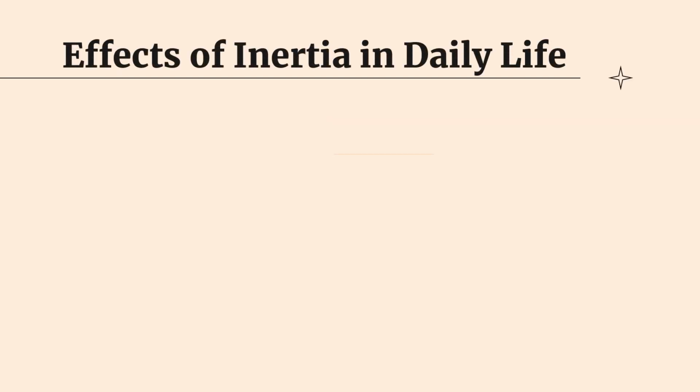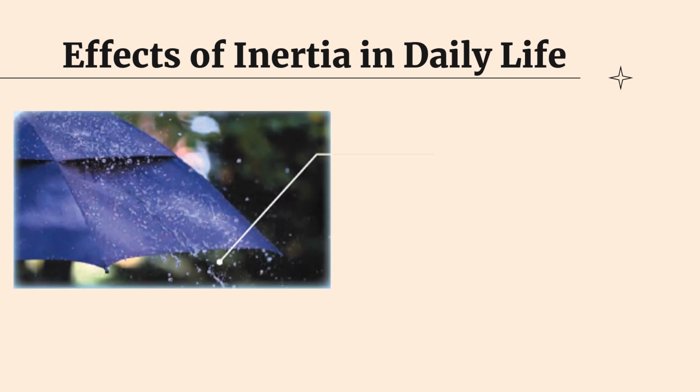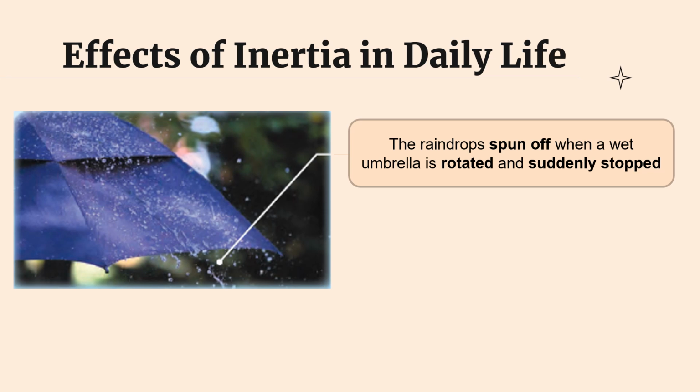We move on to the last learning outcome, which is justify the effect of inertia in daily life. The first situation shows the raindrops spin off when a wet umbrella is rotated and suddenly stopped.